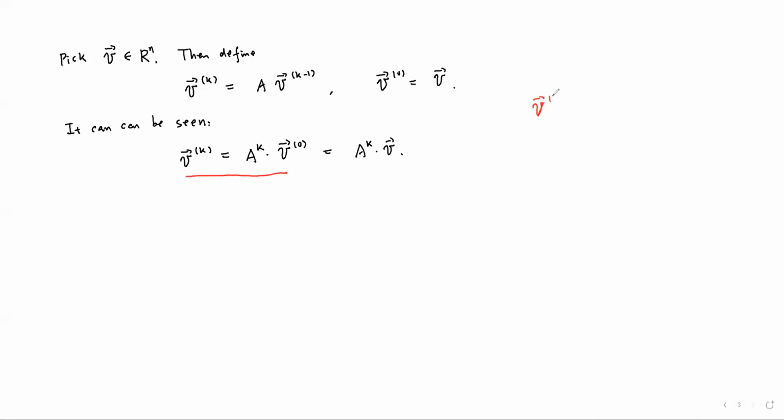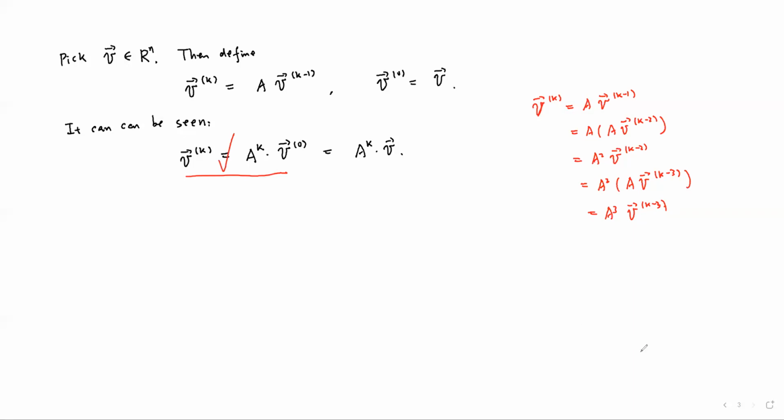Because Vk by definition is A V(k-1). But V(k-1) is equal to A times V(k-2), so we get A squared V(k-2). Then V(k-2) is A times V(k-3), so we have A to the third V(k-3). Then apply this equation again and again, we have this equation.